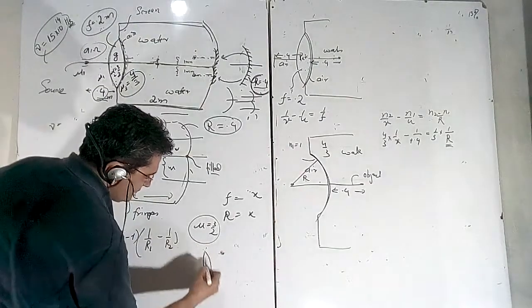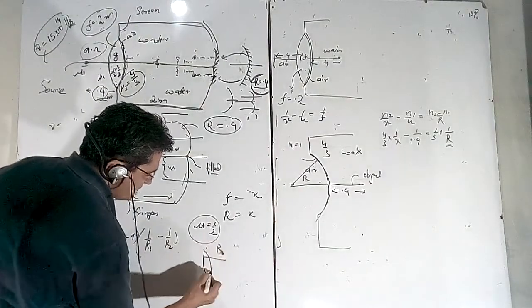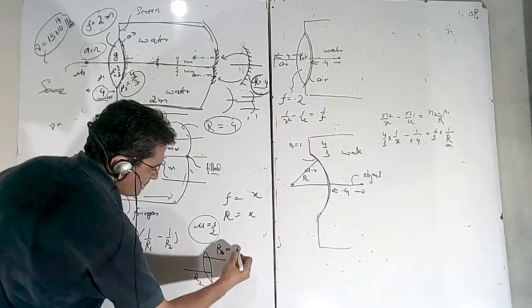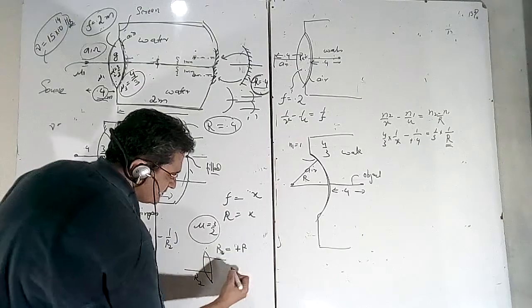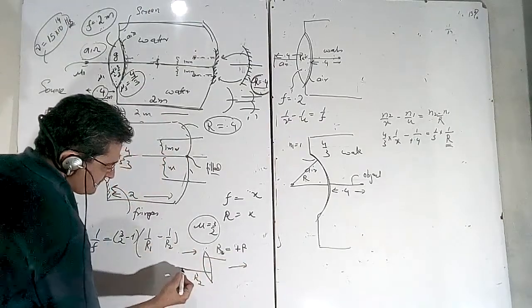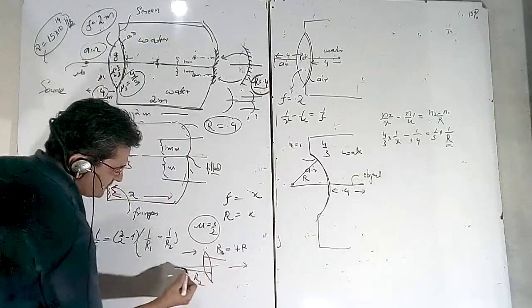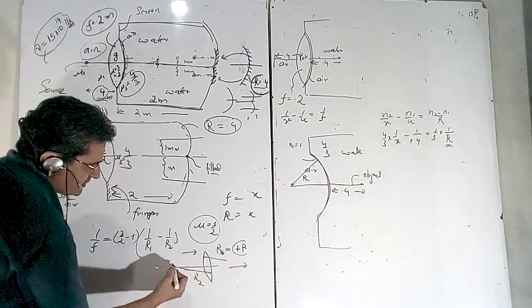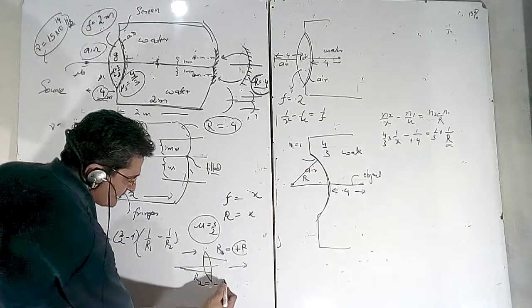In case of lens, what is r1, r2? You have to be very careful. This is r1 and this is r2. R1 will be r because it is in this direction along the incident ray, and r2 is from here to here. R1 was from here to here, so it is positive. R2 is negative, so be careful, it is minus r.